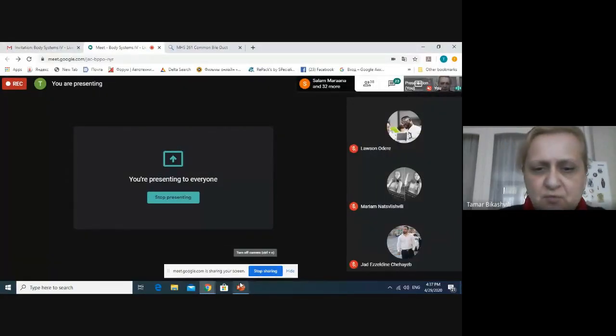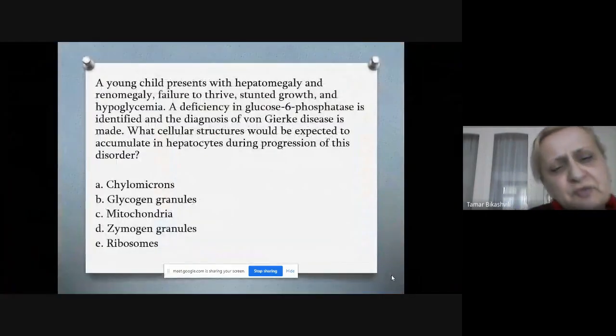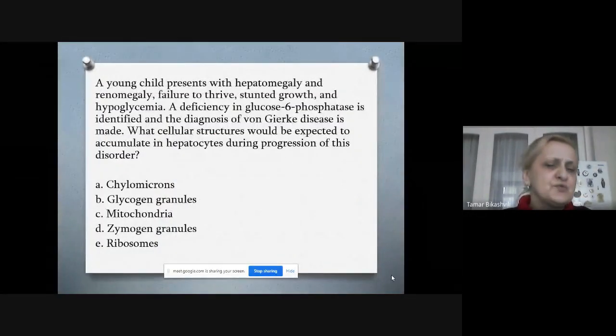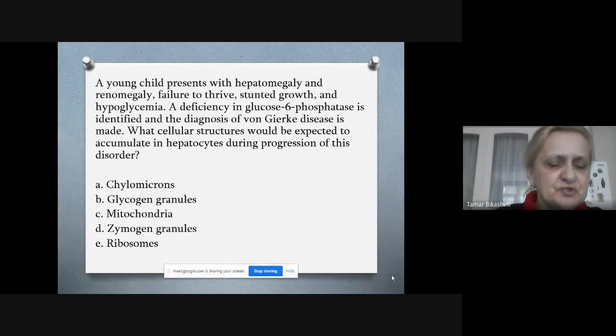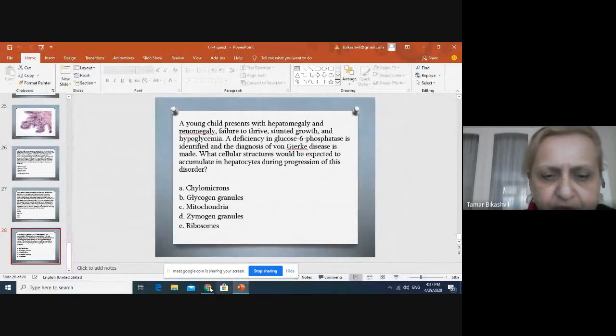Yes, of course, the answer is B, glycogen granules, which are numerous in hepatocytes. And if you remember the zymogen granules, where can we find these granules?